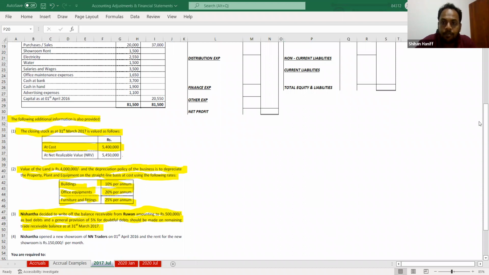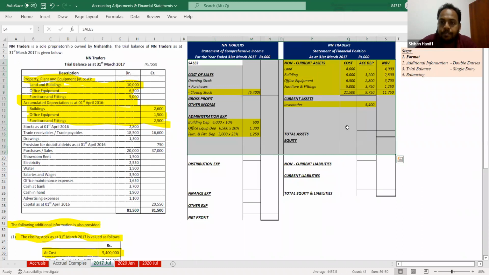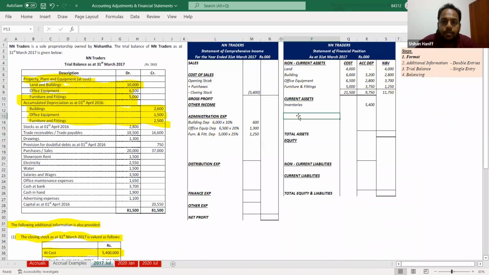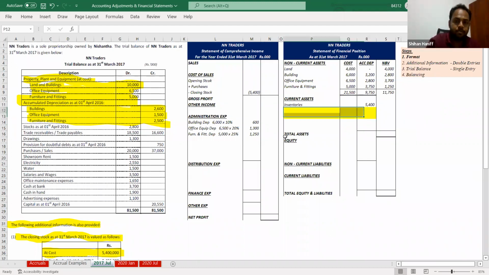Okay, so it's very simple. Under current assets, first let's write trade receivables minus provision for doubtful debts.